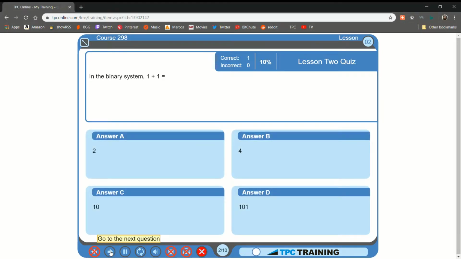In the binary system, 1 plus 1 equals A, 2, B, 4, C, 10, D, 101. That is incorrect.